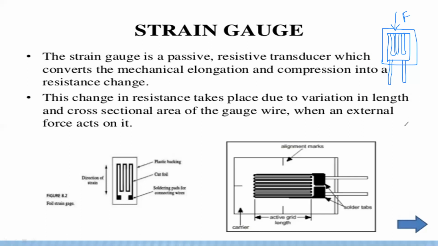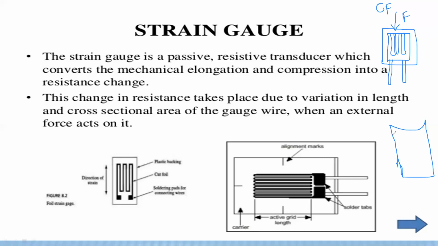For example, when a compressive force acts on this element, it is compressed like this. In this area I connect a strain gauge, so the strain gauge is also compressed.